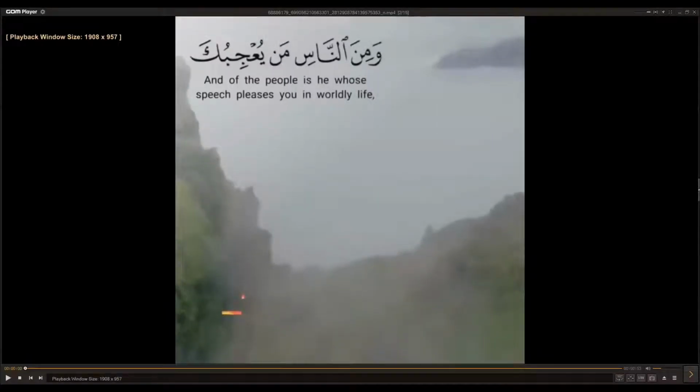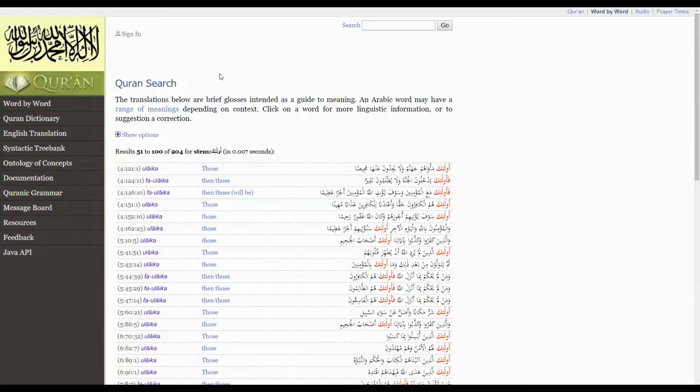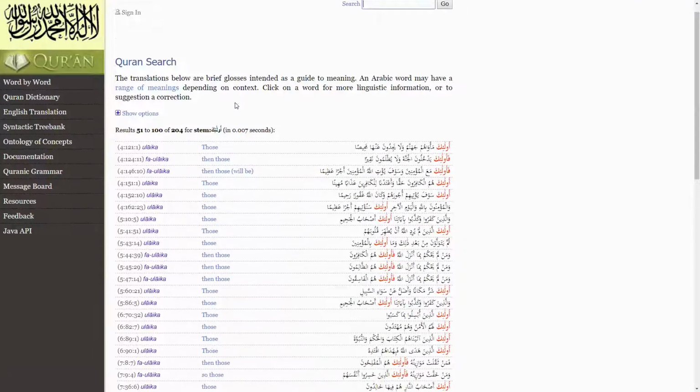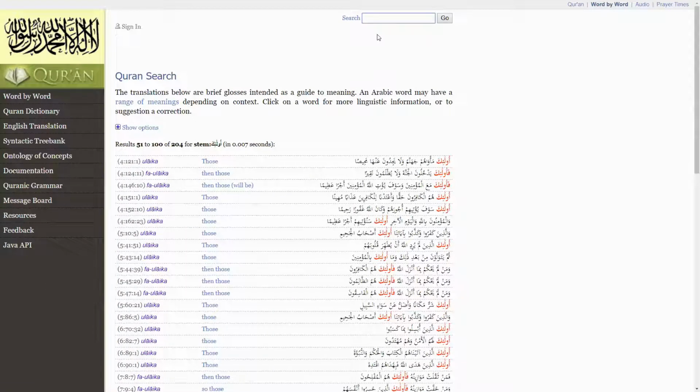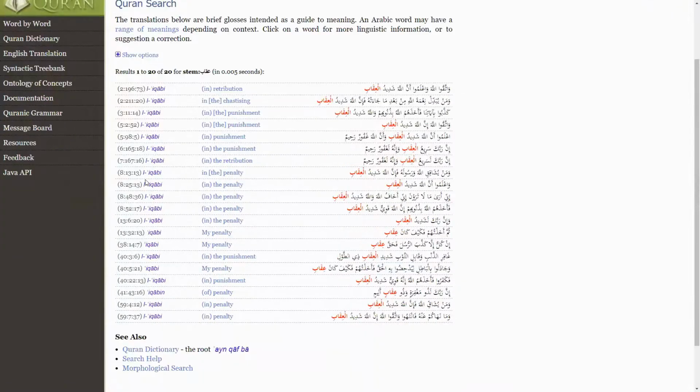And this is the verse. Let's do an analysis of this verse before we leave, inshallah ta'ala. Let's search for Iqab.